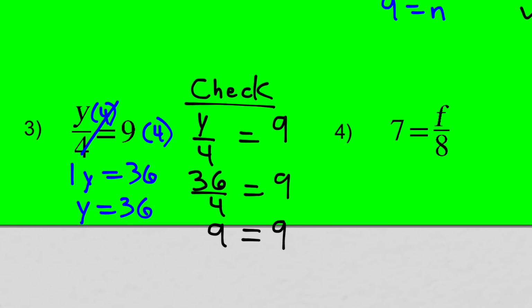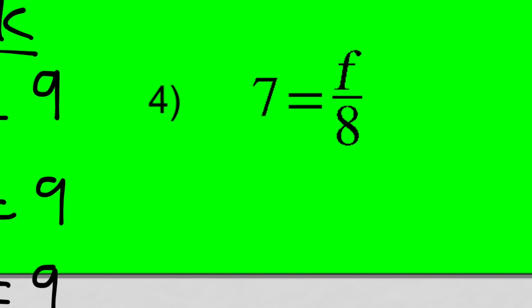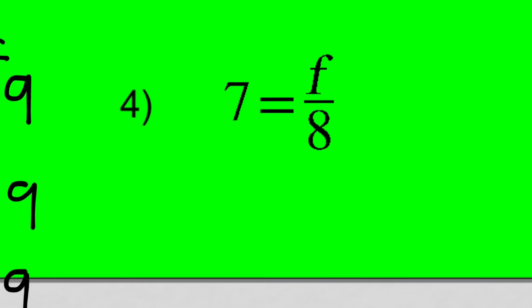Okay, we'll do one more division equation. 7 equals f divided by 8. The opposite of divide by 8 is to multiply by 8 and use parentheses. Don't use the times symbol, because that looks like another variable. It looks like another unknown number. f times 8.